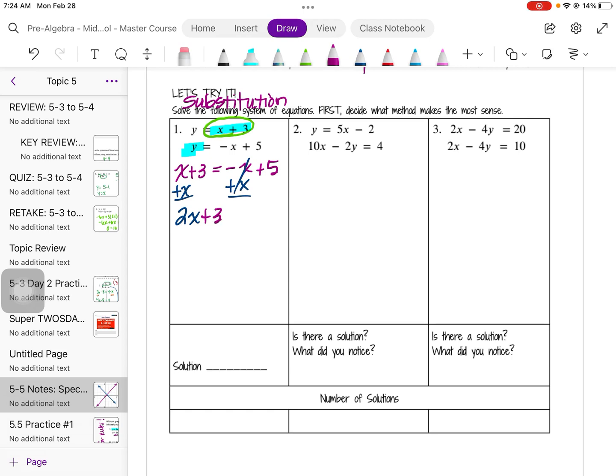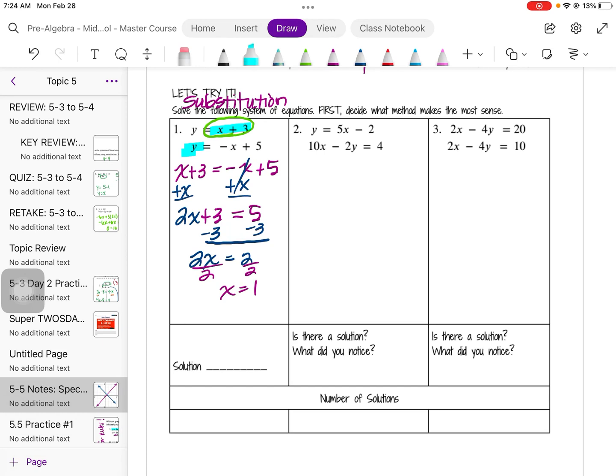So plus 3 equals 5. Now we're just solving a 2-step equation. My next step would be to subtract the constant from both sides so that I can isolate that variable. So 2x equals 2. This is pretty easy to solve. Therefore, x equals 1.